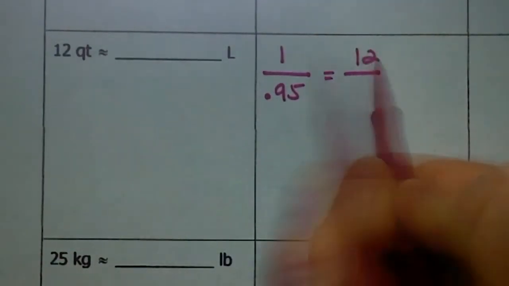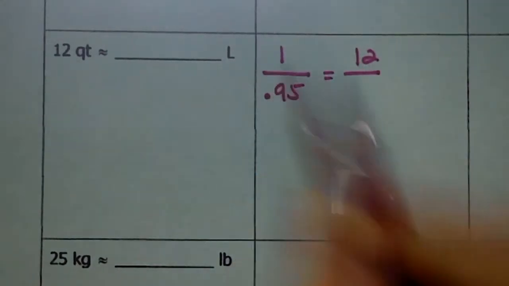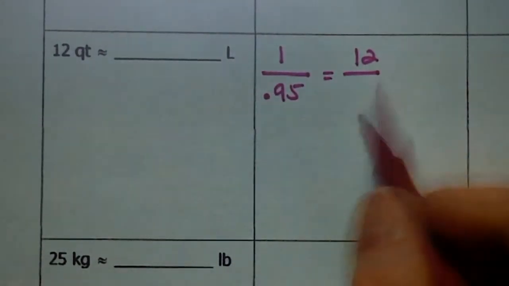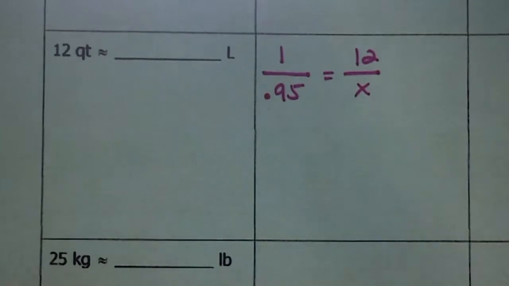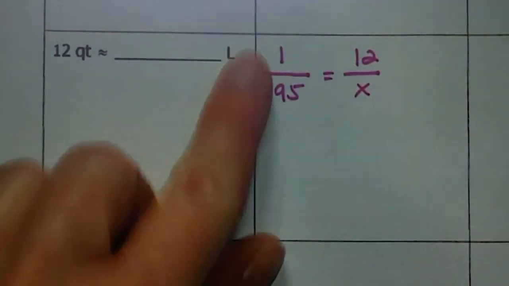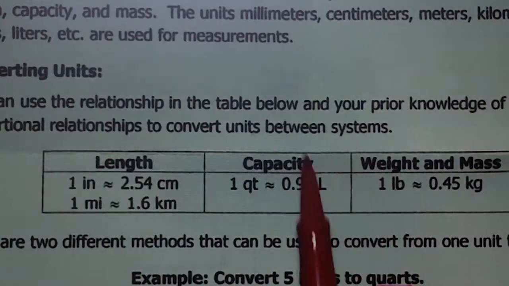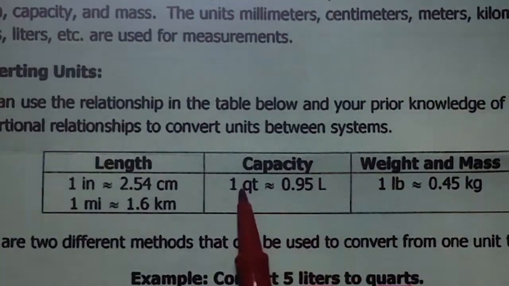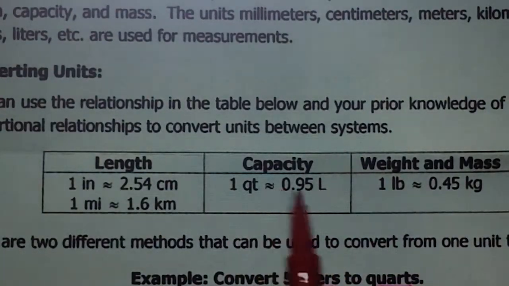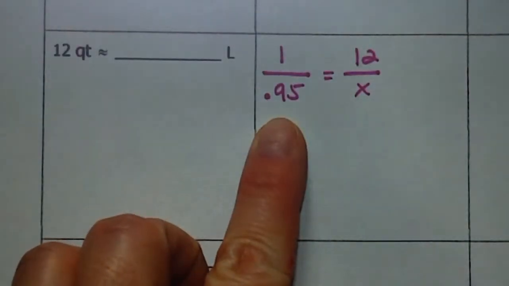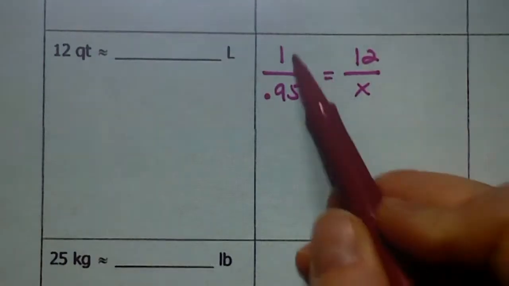So 12 needs to go across from the 1. And we're trying to figure out how many liters. That's on the bottom. And again, where I got this 1 quart, 0.95, on the front sheet, it tells me here for capacity, 1 quart is about 95 hundredths of a liter. So when you're filling out this first fraction, that's where the information is coming from, quarts per liters.